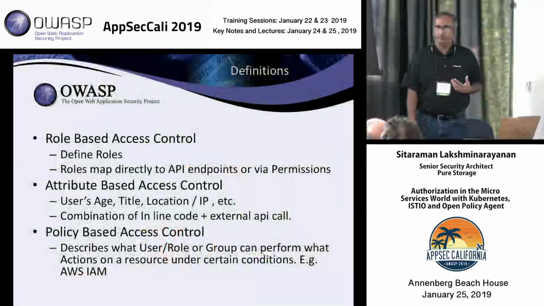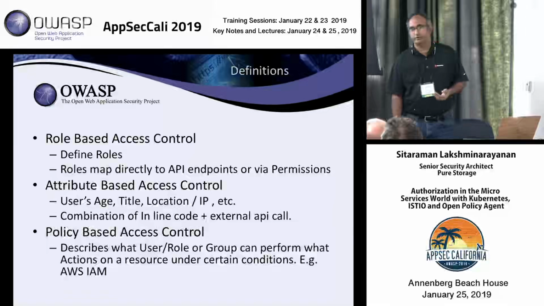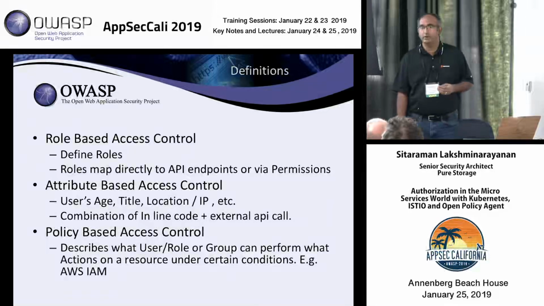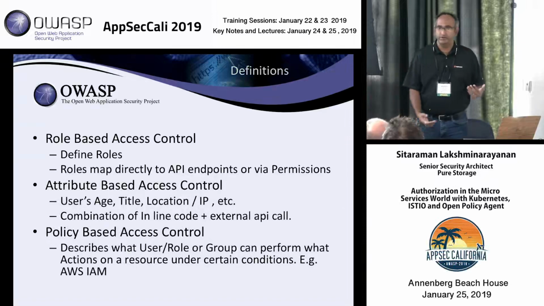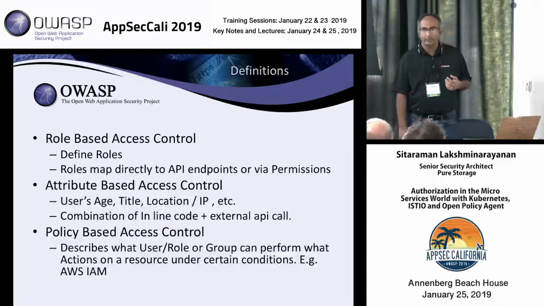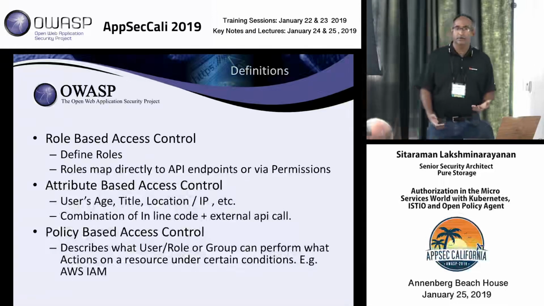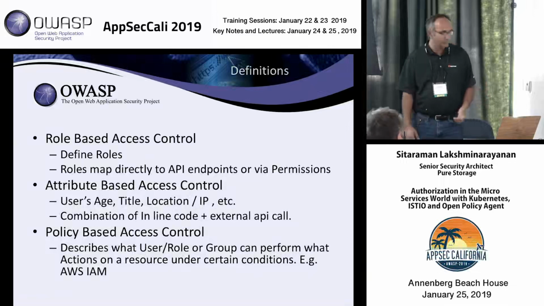There is a notion of what is being called policy-based access control, picking up right now. You can call it a combination of role-based and attribute-based, but at the end of the day, it's about defining the policy in a way that says you can access this resource. Resource can be a page, API, whatever, for this user or a group, and what actions they can do, whether it is a GET, POST in terms of API terms, or is it create, delete, CRUD terms.